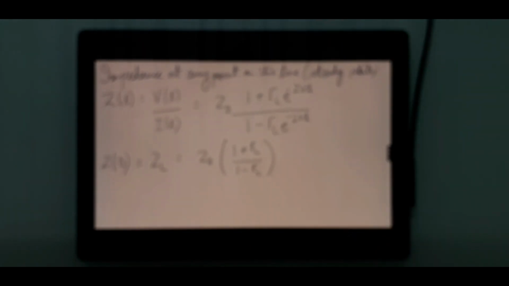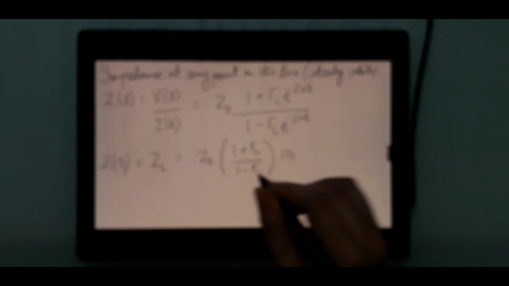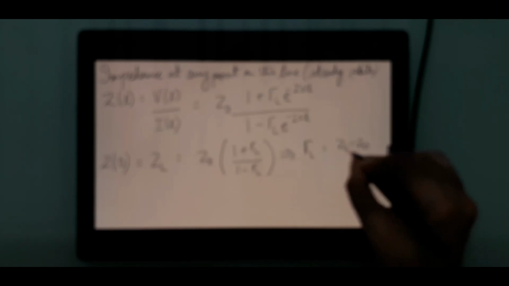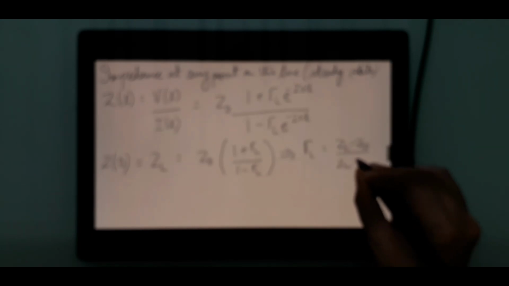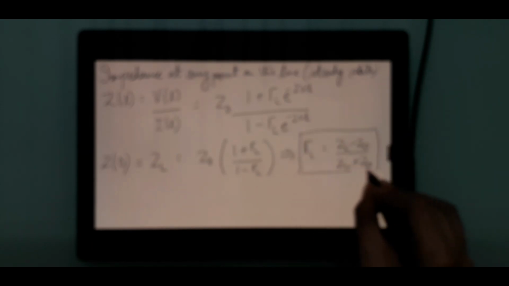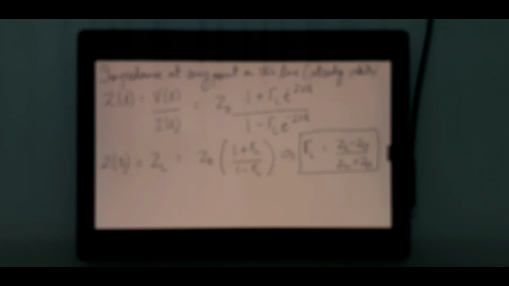This gamma suffix L, as I said before, stands for the load reflection coefficient. So if you interchange the terms, gamma suffix L comes out to be ZL minus Z0 by ZL plus Z0. So this is the expression for the load reflection coefficient in terms of the impedances.